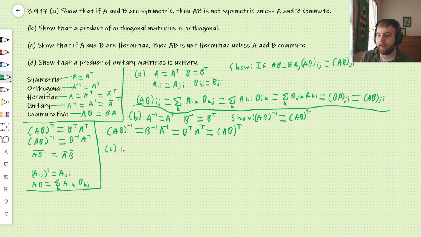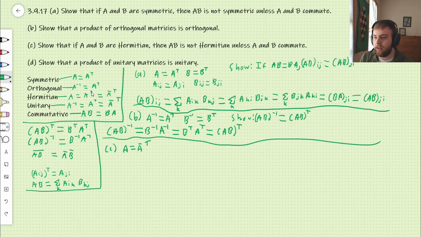So we have a matrix A where A equals its complex conjugate's transpose. These symbols here are little daggers, not T's, but it's very hard to draw them.